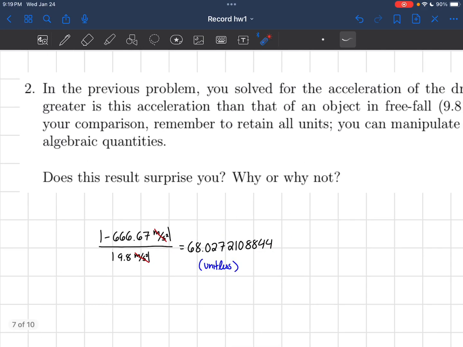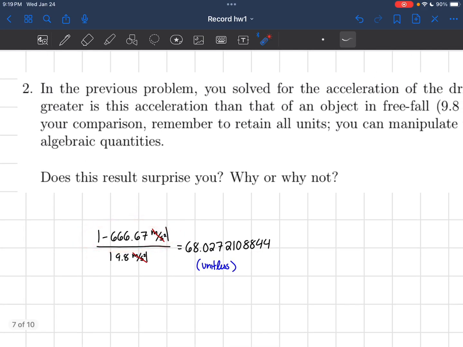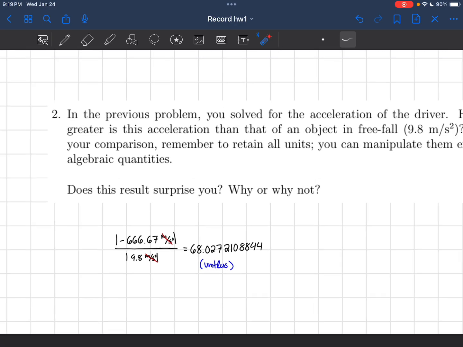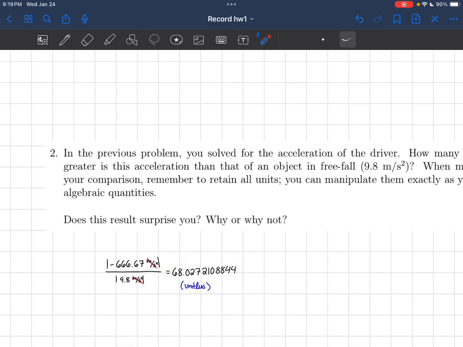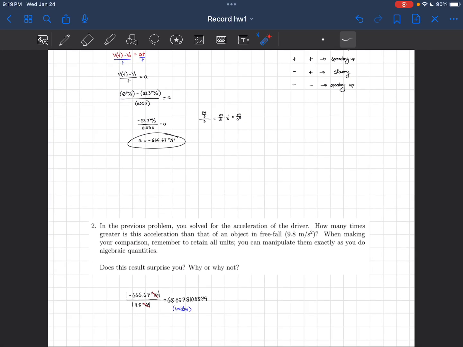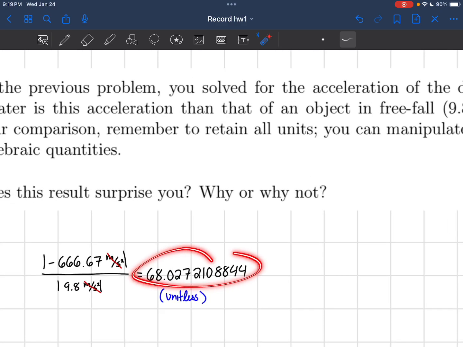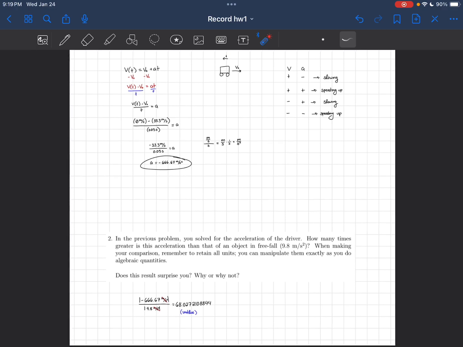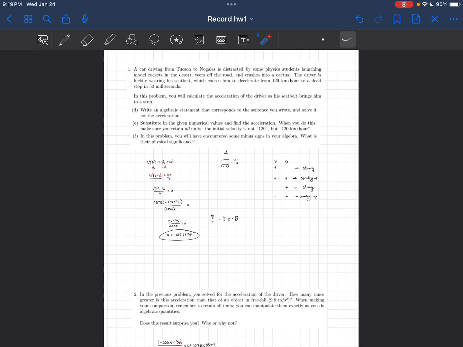This tells me that the acceleration of the driver crashing the car is 70 times greater than the acceleration of an object in free fall. Now, this is a very surprisingly large number, but it doesn't surprise me as a result of crashing the car, because crashing a car is dangerous. So if you're accelerating that extremely, you might break some bones, which is why you wear your seatbelt.